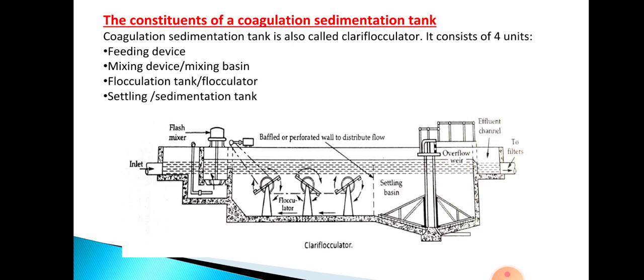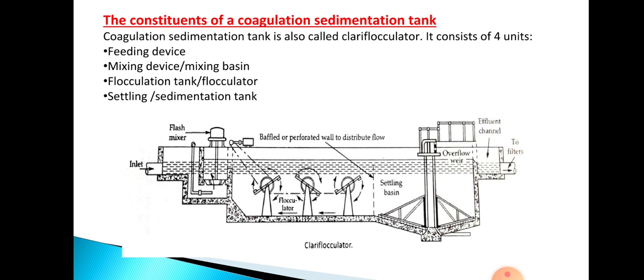They are the feeding device, the device through which the coagulant is fed into the system. Then we have the mixing device, wherein the mixing of the coagulant is done. Then you have the flocculator or the flocculation tank, and finally the settling or the sedimentation tank. We'll see each of these in detail.